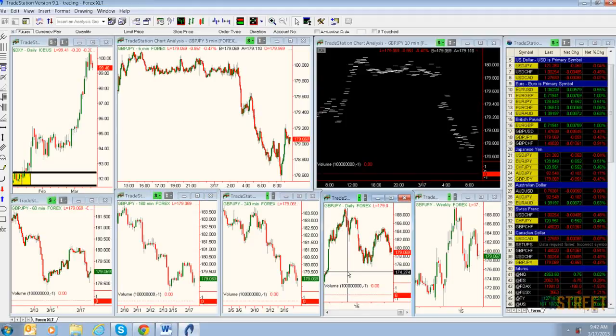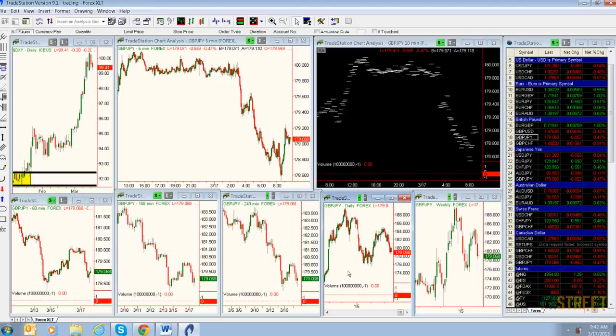So like some of the others, right here where current prices are, just like gold and oil, a lot of these are in the middle of these areas.